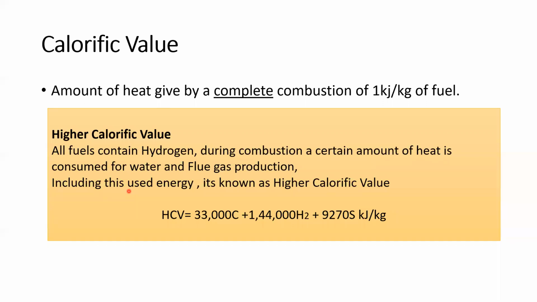All of these gases are additional products except for water vapor, and once we combine all of these, we call it flue gas. The production of flue gas and water vapor also consumes a certain amount of energy. Combining with that, we call it the higher calorific value.